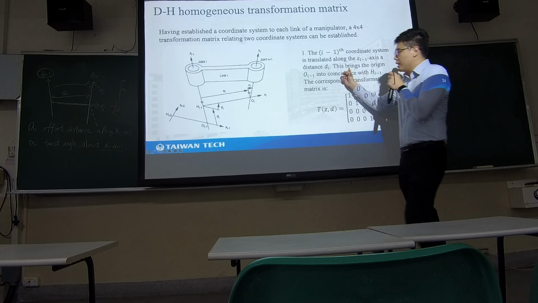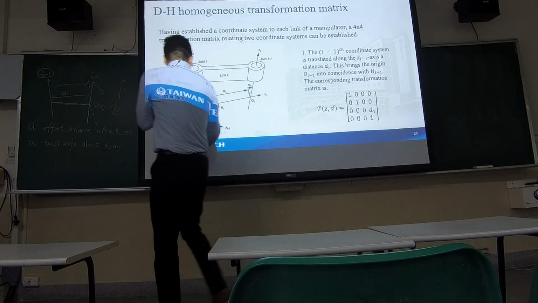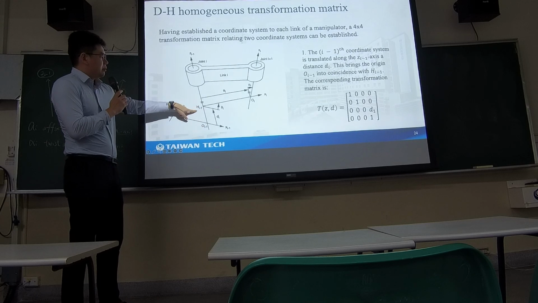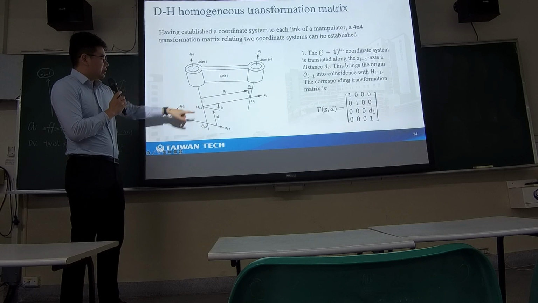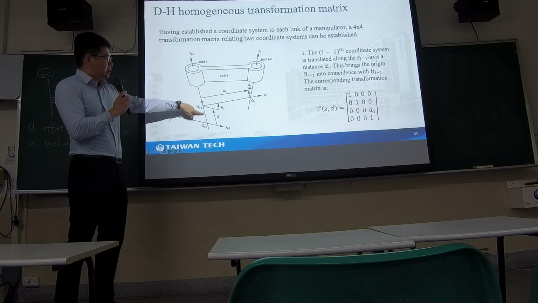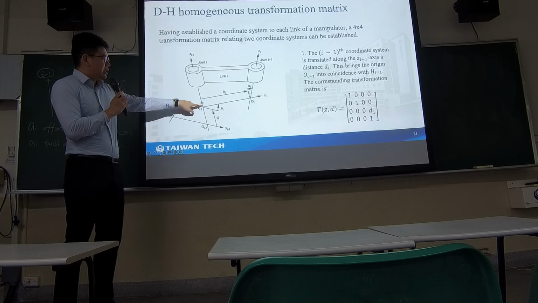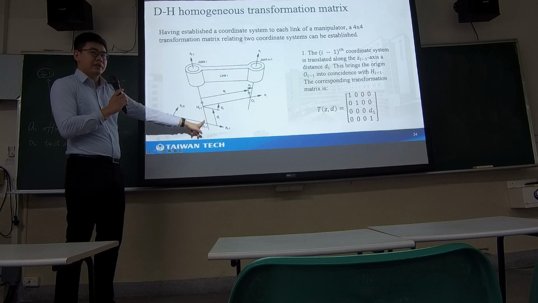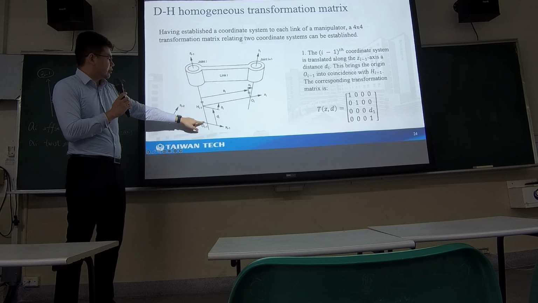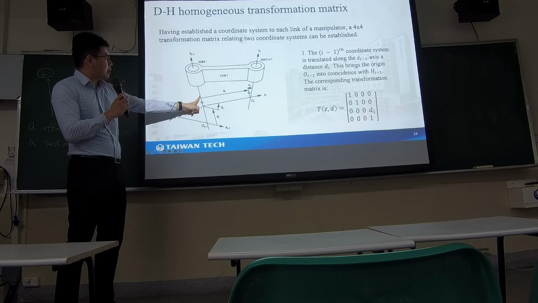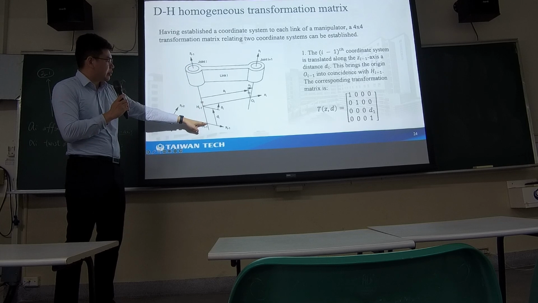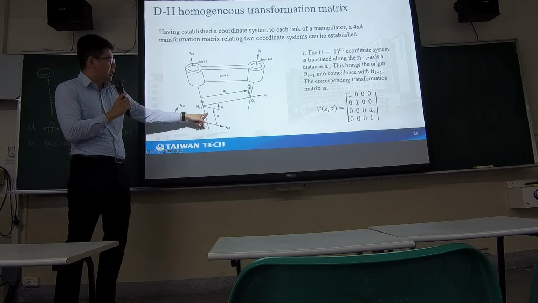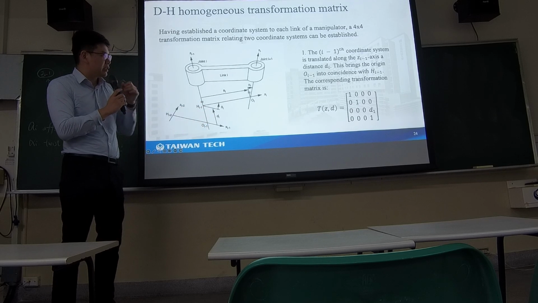From i minus 1 to this point, this is the translation distance along the z-axis. You can see this one is the z i minus 1 axis. So from this point to here, this distance is di along the z-axis.